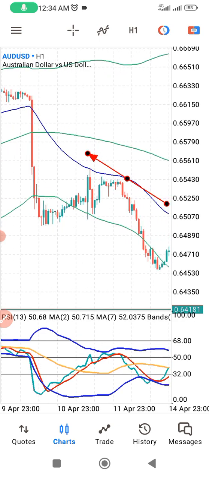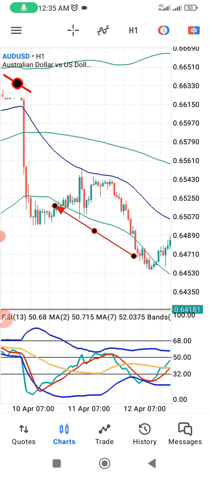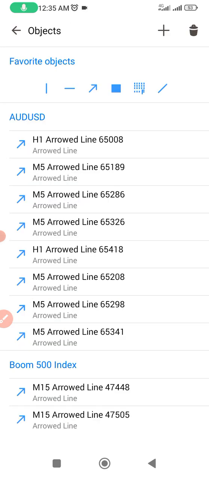And what next are we looking for? We want to see the price pull back to our EMA 50 or our middle Bollinger Band, and here price pulled back to our middle Bollinger Band. Remember our condition: first we want to see the structure. After establishing the structure, we want to see a pullback, and this is the pullback.